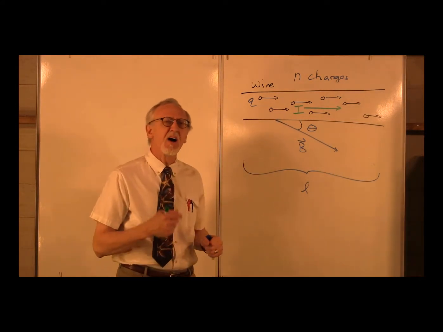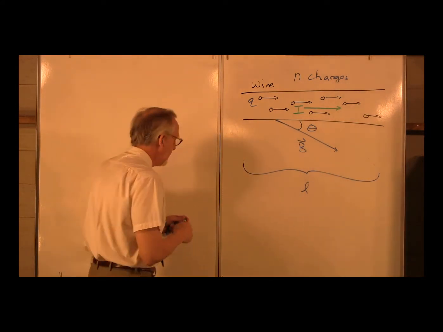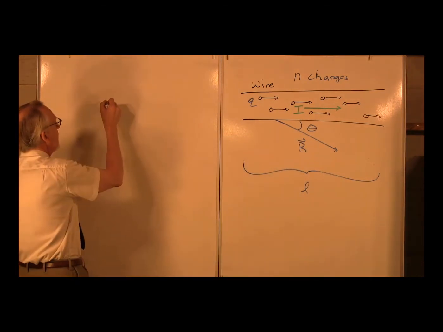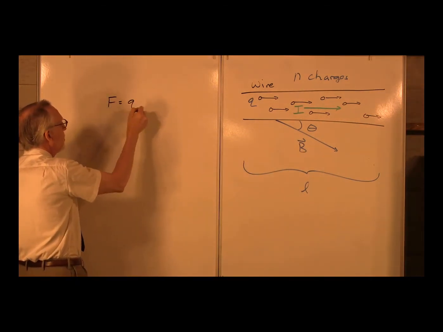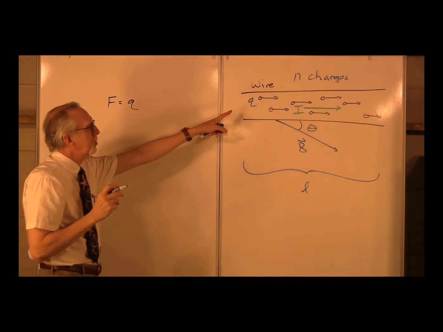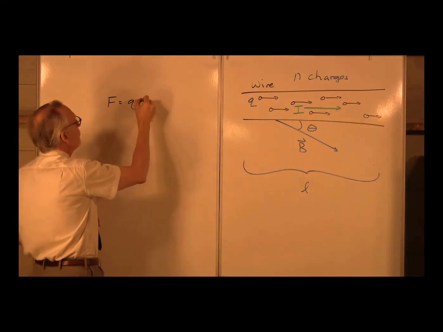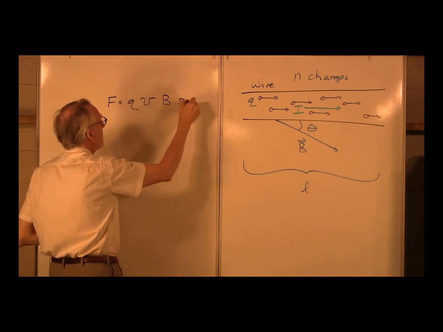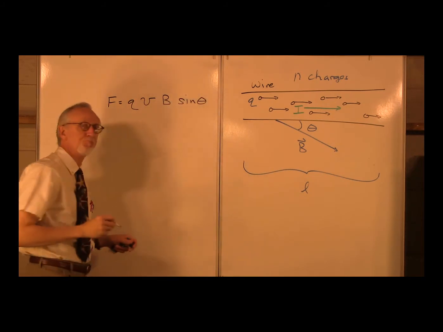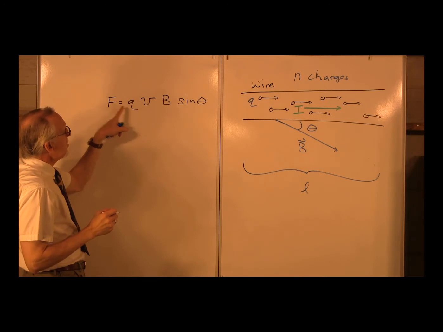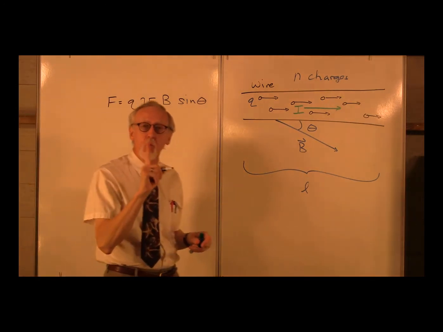What is the force on each charge? On each charge, we have a force of Q, and I'm just going to write it as Q because we have assumed that Q is positive for the moment, QVB sine theta. That's the amount of force on one charge.